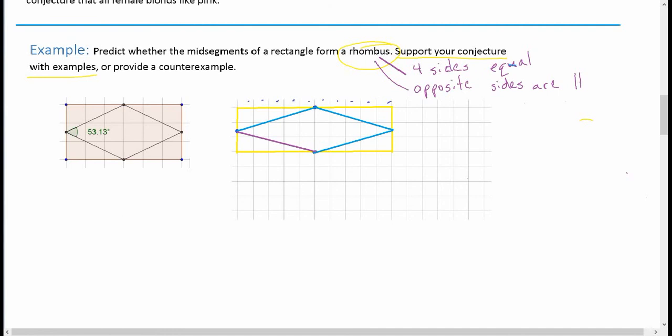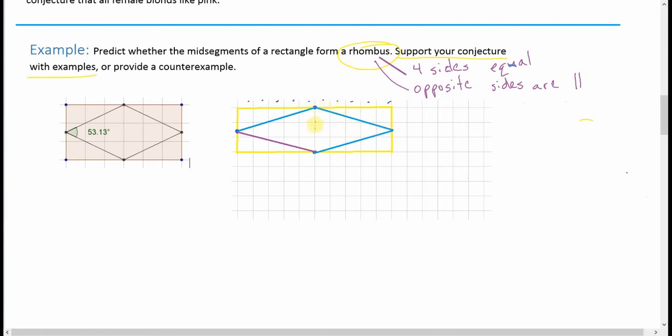So let's figure out these lengths. If you have a ruler, you can bring your ruler up and measure it. If you're in GeoGebra, you can measure it. But unfortunately, right here in Paint, I don't have those tools. I could get a ruler. That would absolutely work. But I can use the grid to help me too. So notice that this is down 1.5 and over 1, 2, 3, 4, 5.